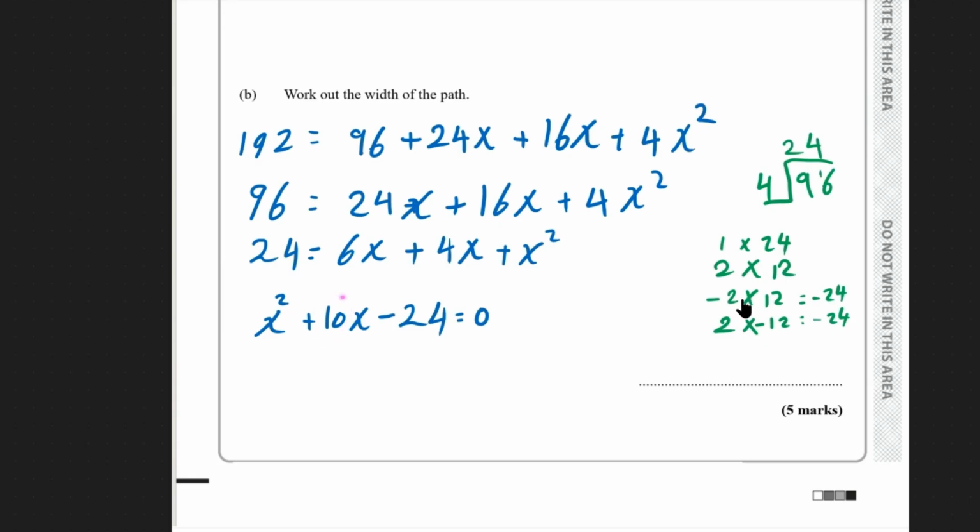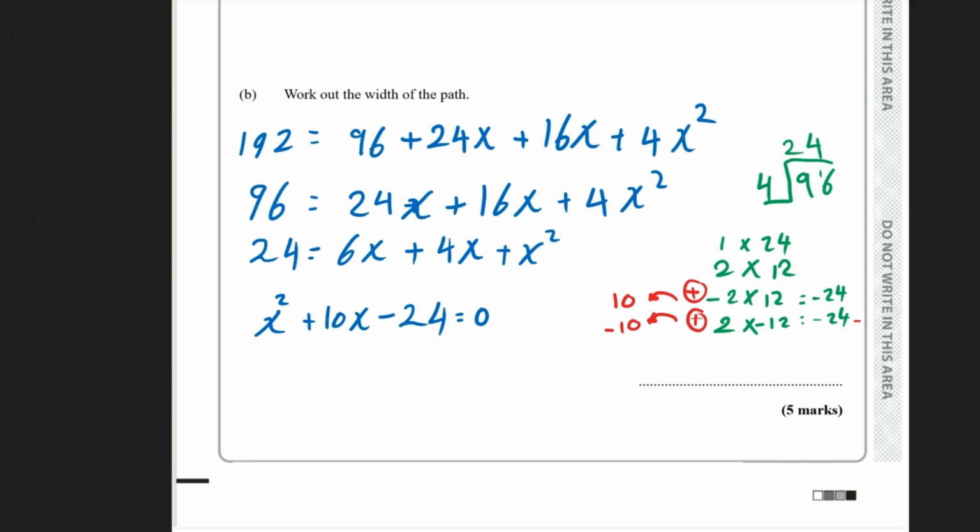Minus 2 added to 12 is plus 10, while the other option would not give plus 10.